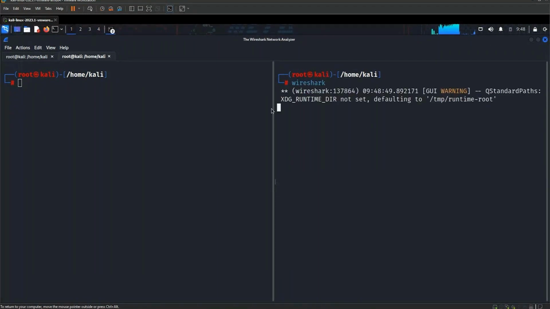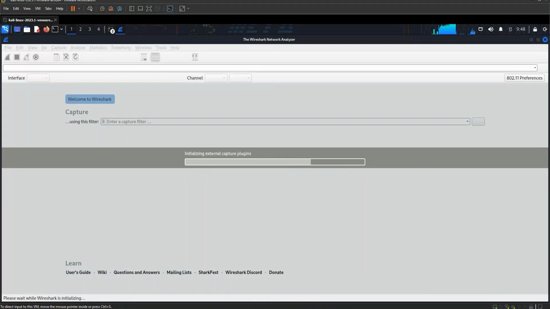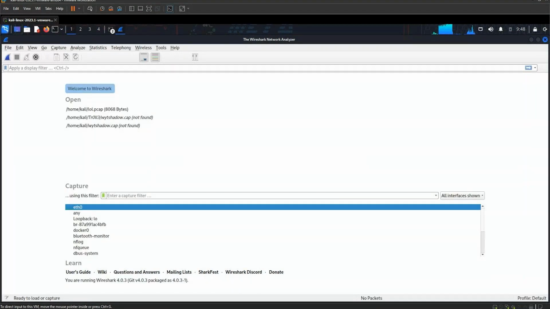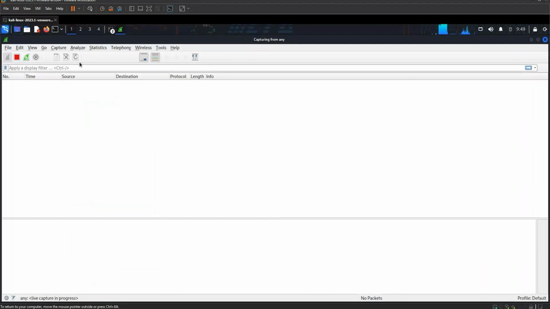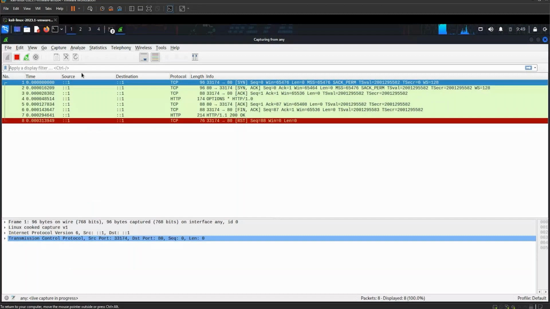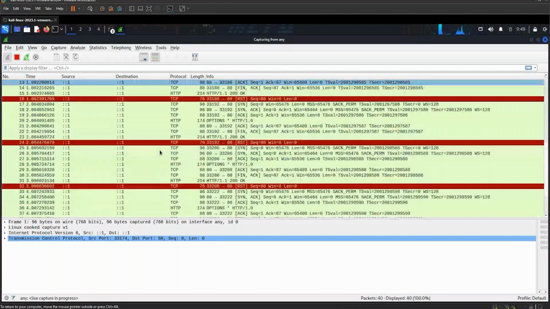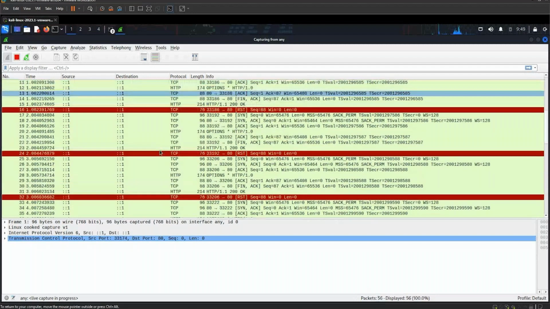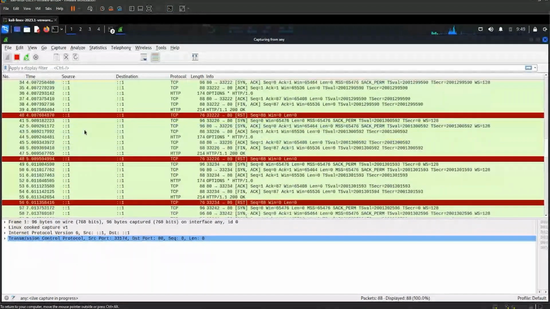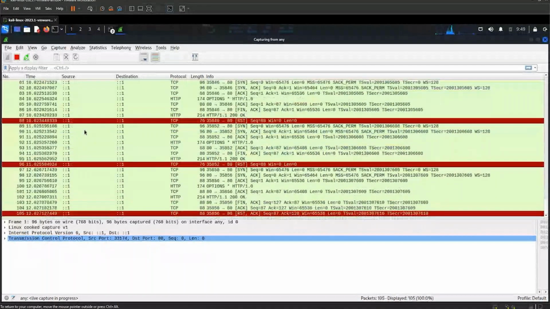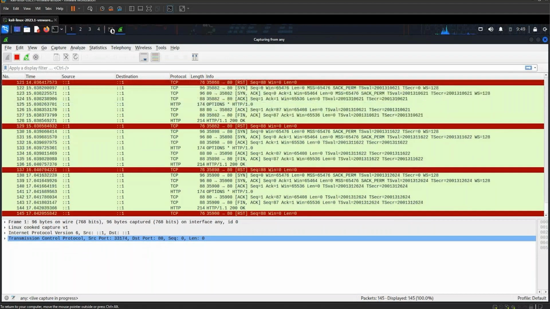I'm using a network analysis tool, Wireshark, right? Now we can see all the requests which are going from my device to other devices, from what source to what destination, what requests are going, how the traffic is traveling, everything, right?